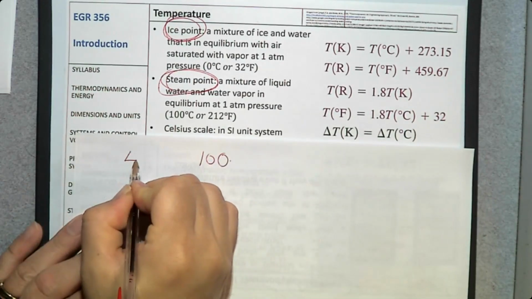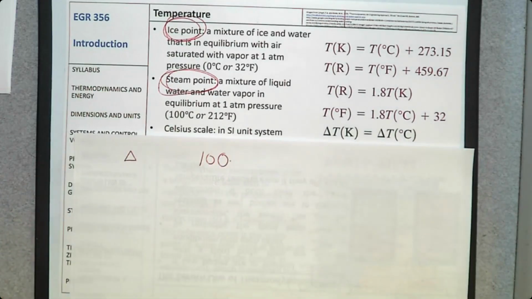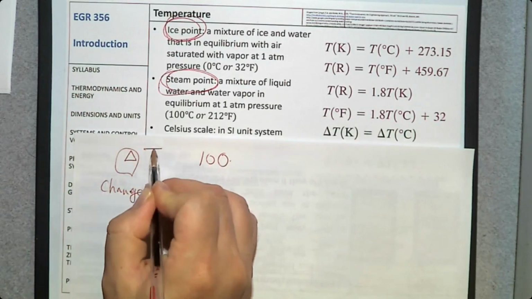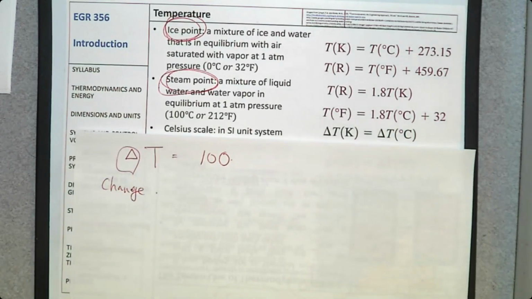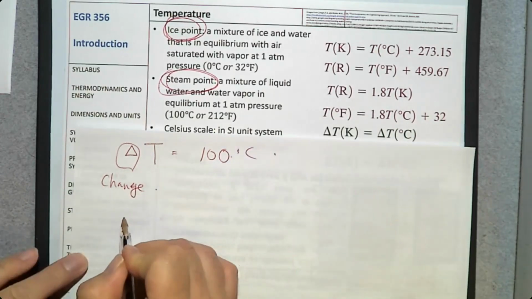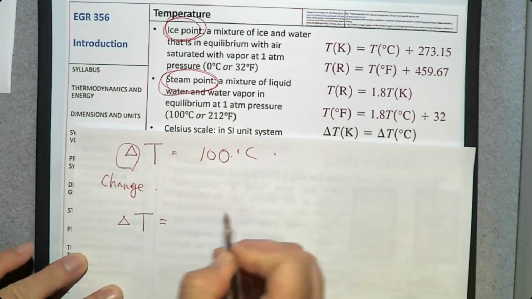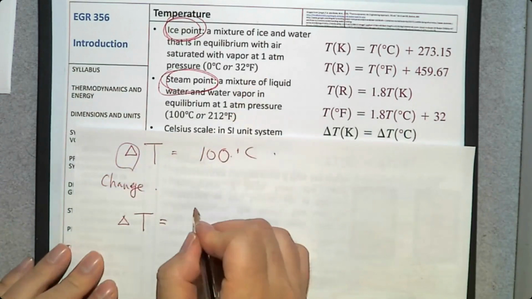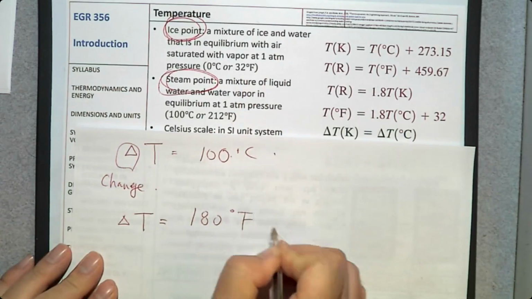So the delta change in temperature, this means change or difference in temperature, right? Change in temperature is 100 degrees Celsius. Then what about the change in temperature in Fahrenheit? 212 minus 32, so 180 Fahrenheit.